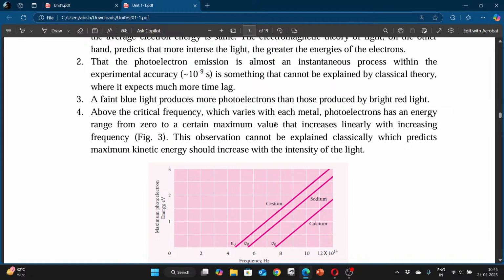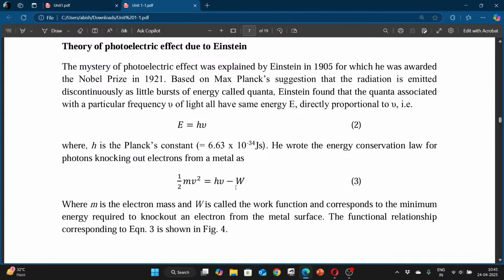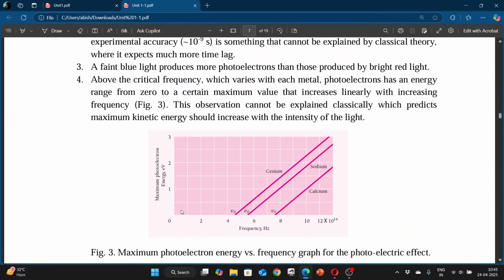Above the critical frequency, which varies, say V naught, eV naught is equal to h mu, so mu is eV naught by h. So for cesium and sodium and calcium, whatever, it says that it varies with each metal, and photon energy ranges from zero to a certain maximum value, 3 electron volts over here, per electron.